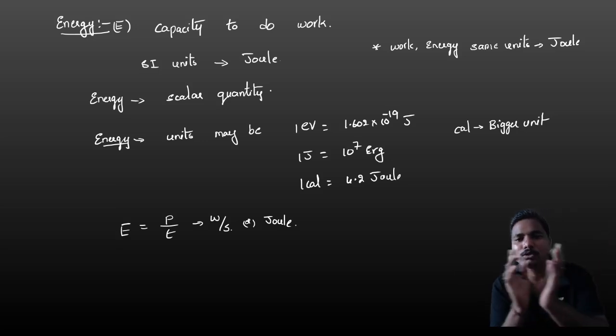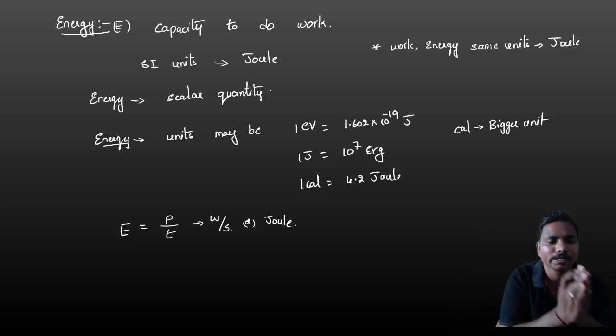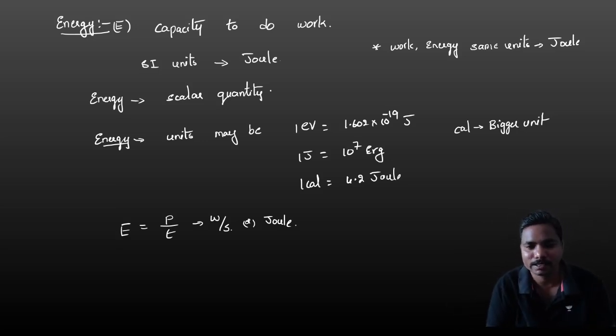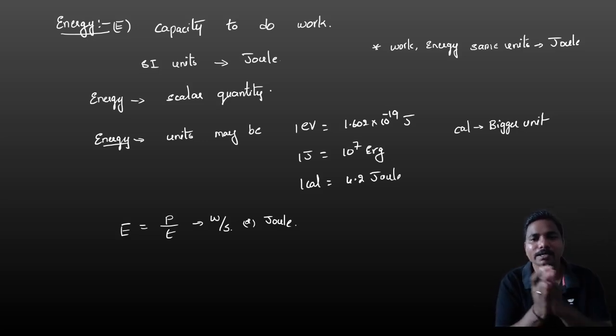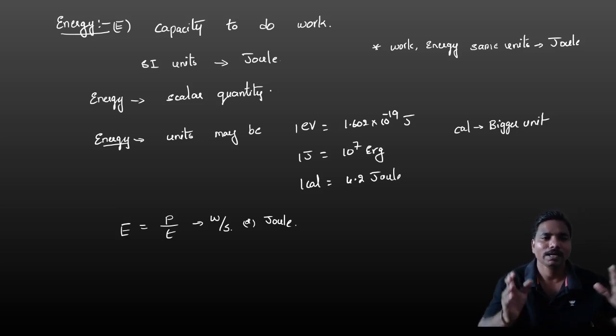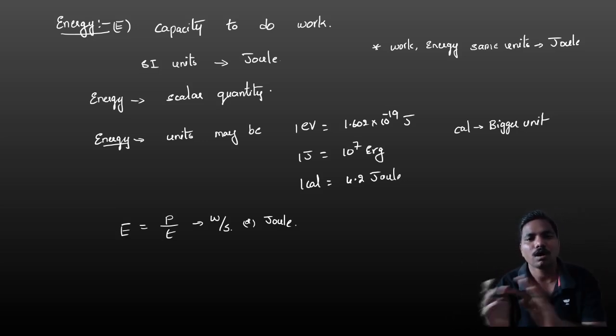Either potential to kinetic, or kinetic to potential, or kinetic to electrical, or electrical to kinetic. That means mechanical to electric, electric to mechanical, chemical to electric, or solar to electric. Like that, energy may be transformed.